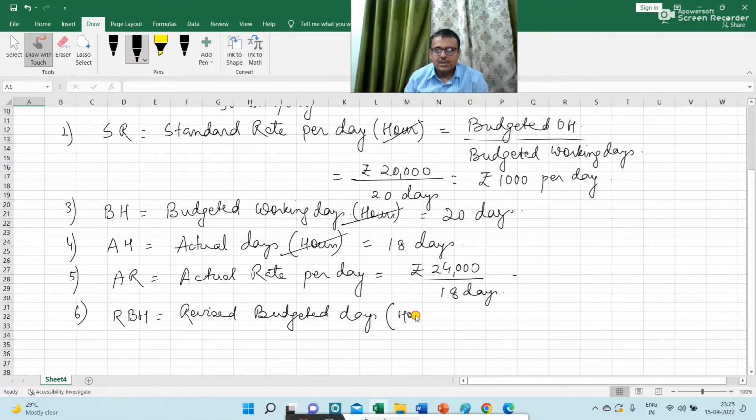Instead of hours, I am removing the word hour. I have to strike it off, and I am writing days. So revised budgeted days for actual working days is equal to 18 days.